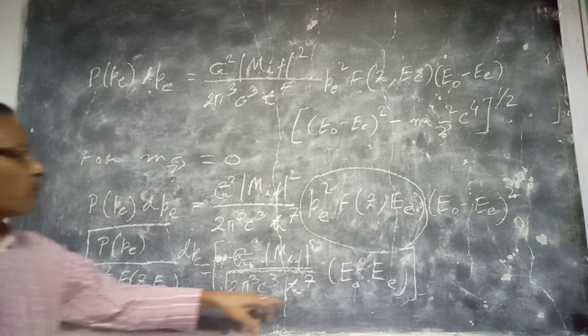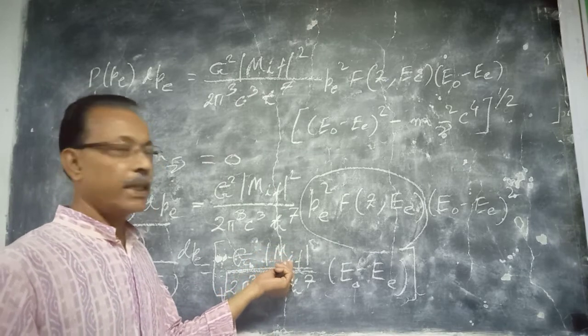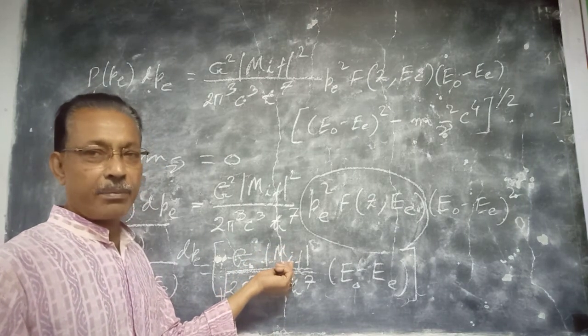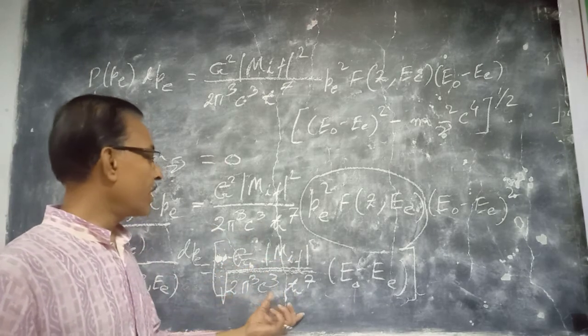So it is a constant quantity. The matrix element of this can be calculated if we know the nuclear structure of the initial and the final daughter nuclei. All of these are constant.